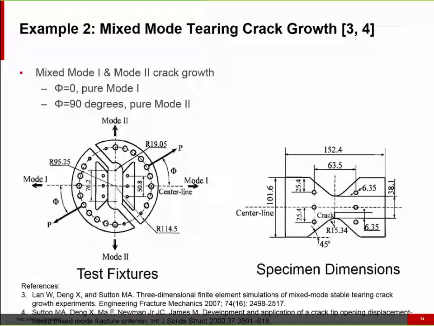The angle between the force direction and the center line of the test fixture is called angle phi. When phi is 0, it is a pure mode 1 growth problem. When phi is 90 degrees, it is a pure mode 2 growth problem. For other angles, it is a mixed mode 1 and mode 2 growth problem.